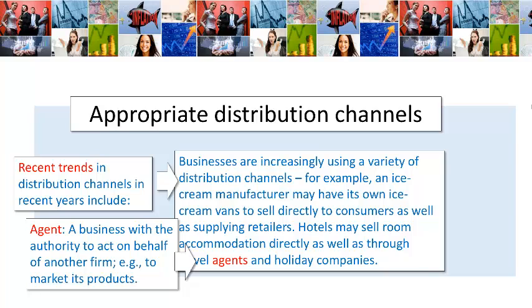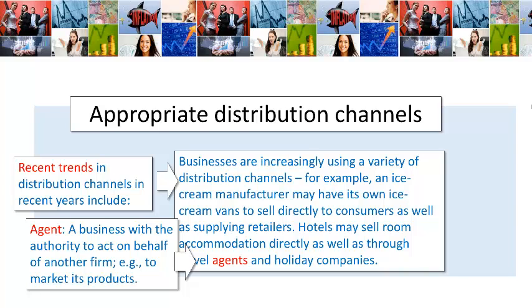Also, businesses are increasingly using a variety of distribution channels. So, for example, an ice cream manufacturer may have its own ice cream vans selling directly to consumers, and they will supply retailers directly. Hotels may sell room accommodation directly through their websites over the telephone, and they'll also use travel agents and holiday companies.